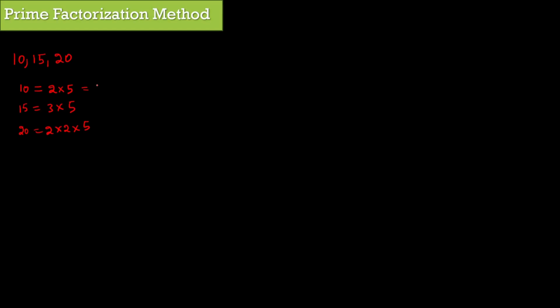So it is written as 2 power 1 into 5 power 1, the degree, and here it is 3 power 1 into 5 power 1, and here it is 2 square into 5 power 1. So in the prime factorization method, to find the LCM, we will multiply all the prime factors with highest degree.